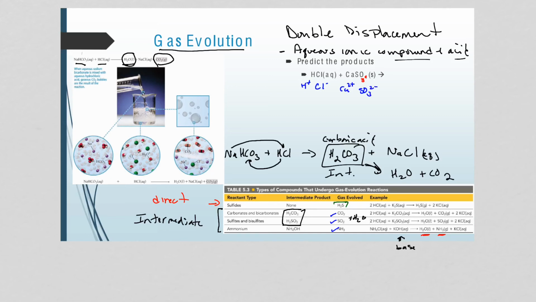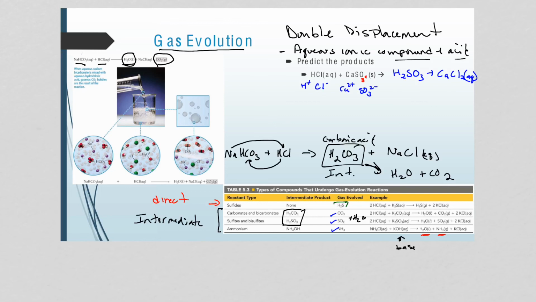The ions exchange, the hydrogen goes with the SO3 2-, the chlorine goes with the calcium to get H2SO3, and the calcium combines with two chlorines, we get calcium chloride. Now, if we look at our solubility rules, we would see that that's going to be aqueous.